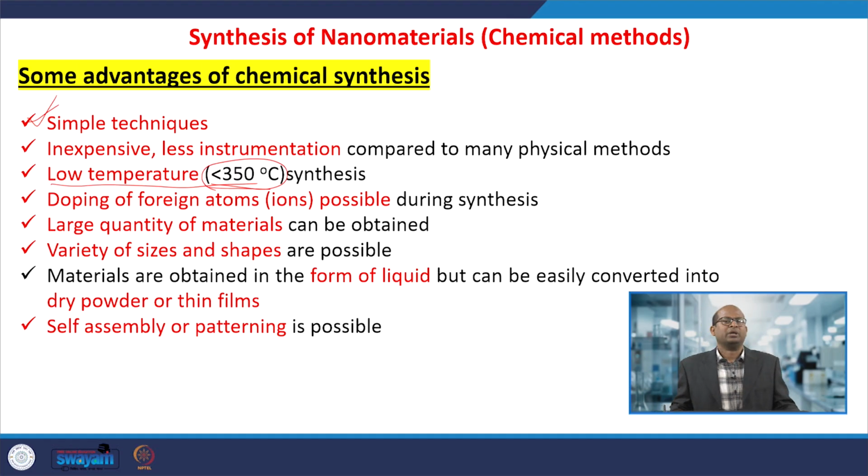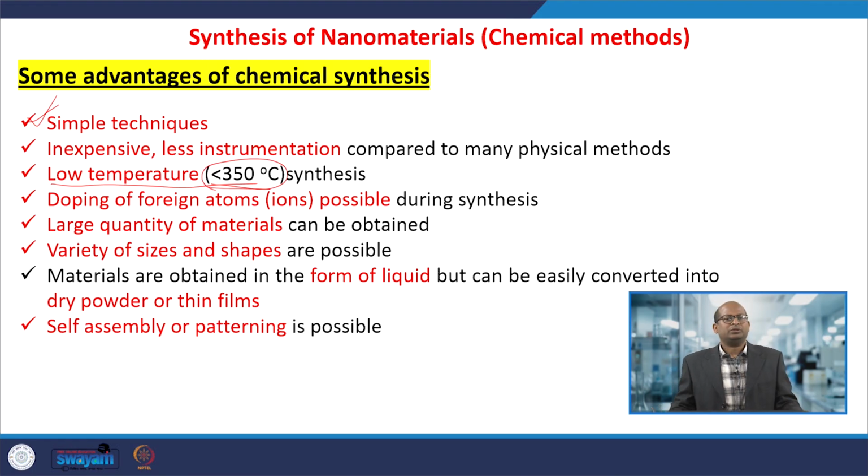Doping of foreign atoms or ions is also possible during synthesis. With a particular nanomaterial, if we need to add 1%, 2% or 5% of other dopants, metals or metal oxides to the films to change their properties, that possibility is there.